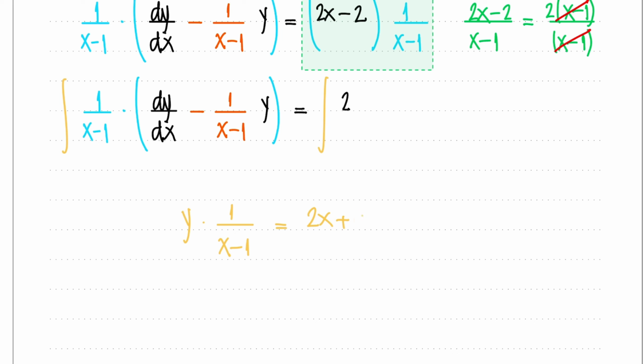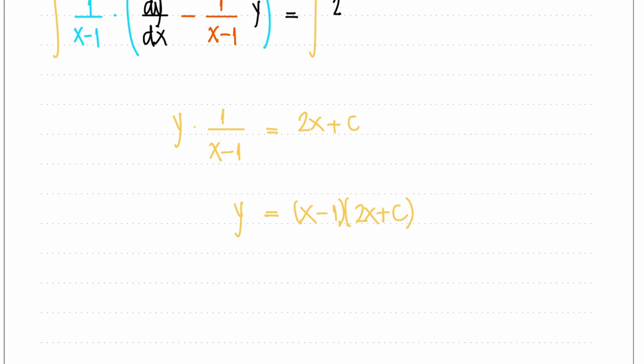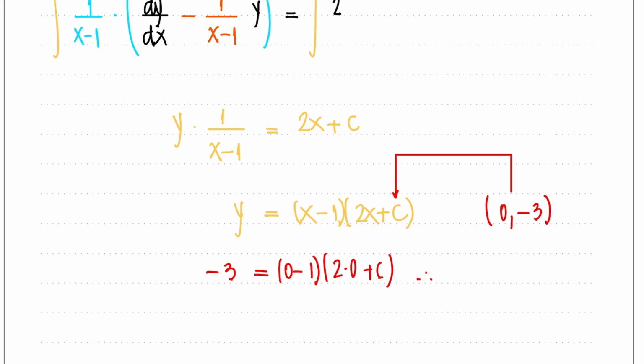And we know from the exercise that when x is equal to 0, y is equal to negative 3, which allows us to find the constant right here. We're going to do just that. Negative 3 equals 0 minus 1 times 2 times 0 plus c. Therefore, c is equal to 3.